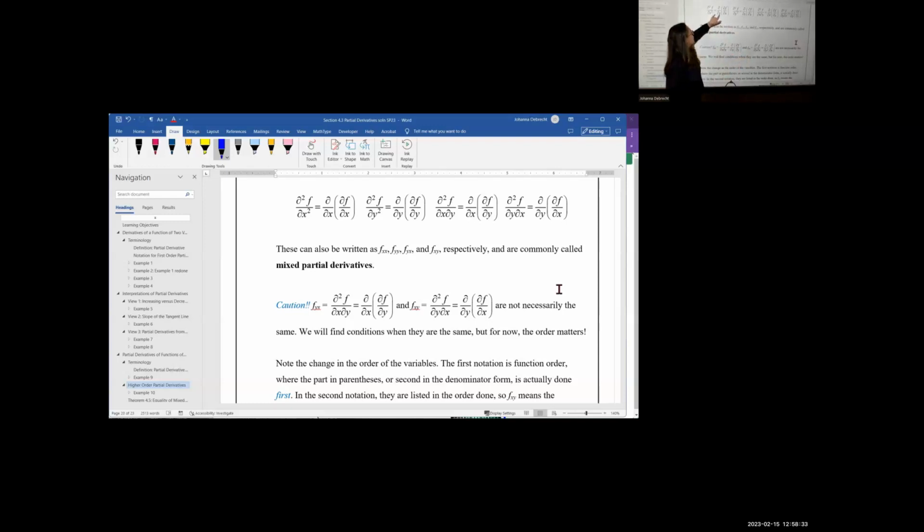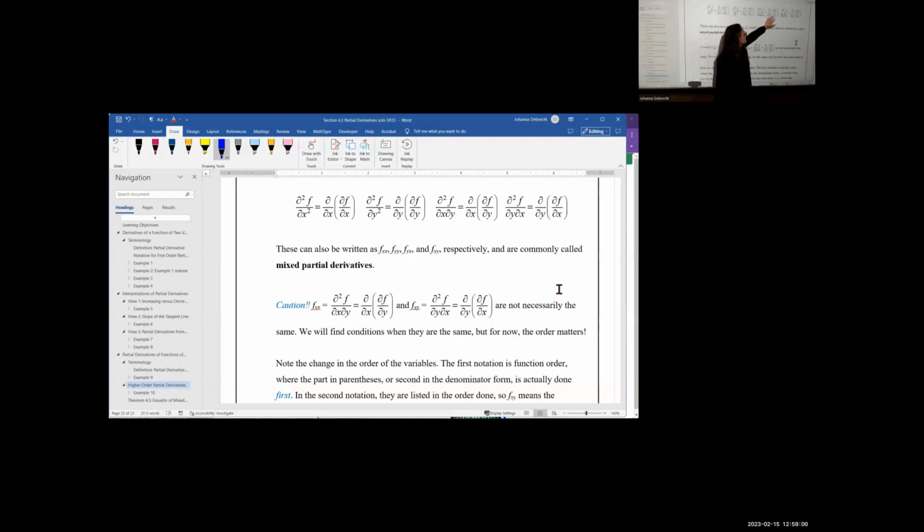So this means the partial of x first, then the partial with respect to x again. Just like in normal order of operations, you do what's in the parentheses first. And you have the same notation for the partial with respect to y both times.